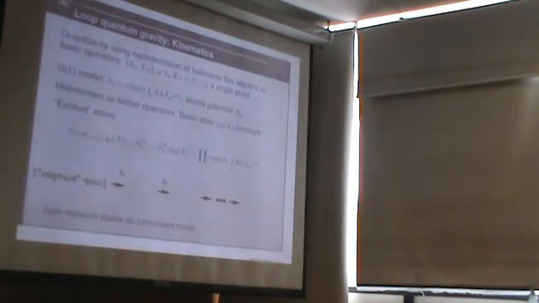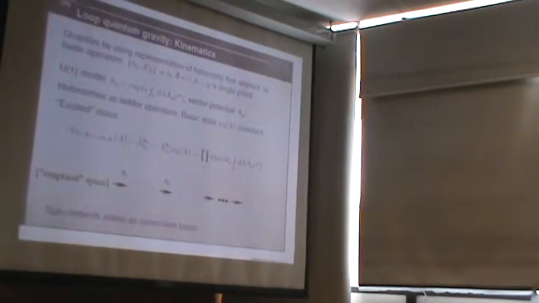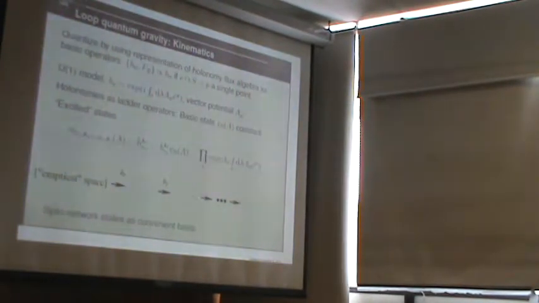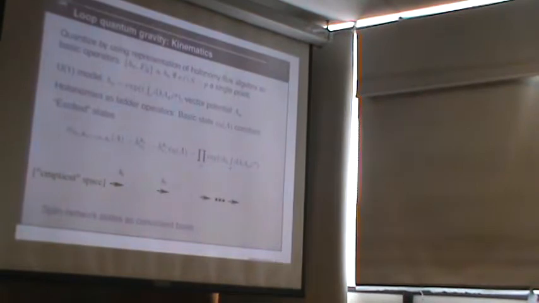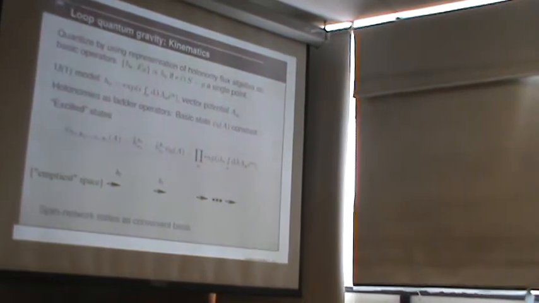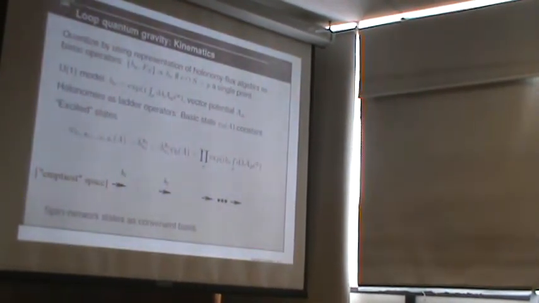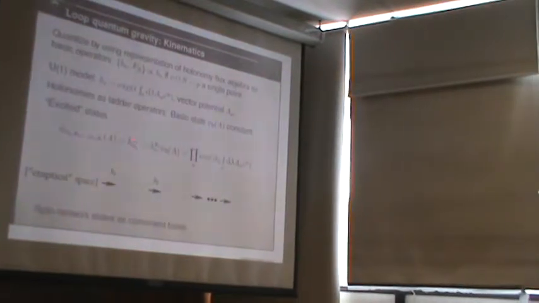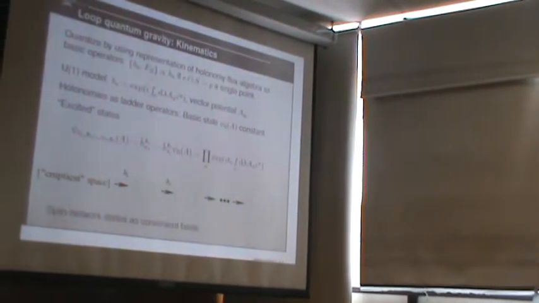And then, as I indicated on Monday, we use these operators as some kind of ladder operators, so we use them to excite states, starting with the state which is just a constant on the space of connections. And excited states are then obtained by just multiplying with a bunch of these holonomies for a selection of curves, and maybe taking different powers of each of them.